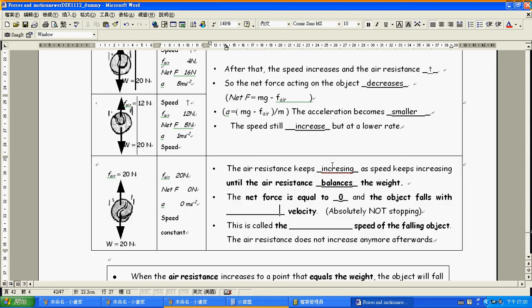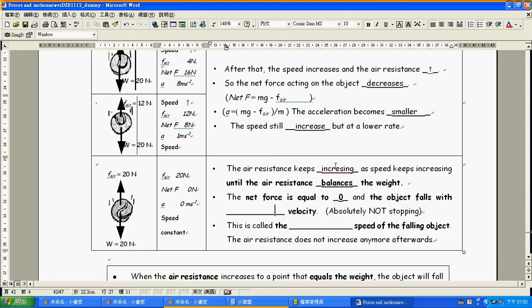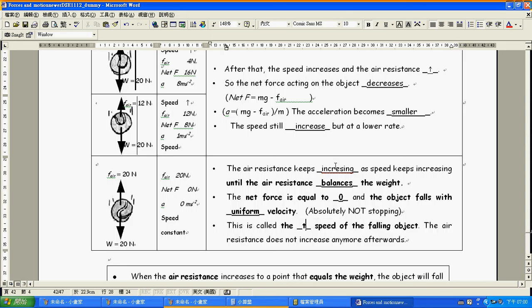And the object falls with uniform velocity, so it won't stop, and we call this uniform velocity the terminal speed or terminal velocity of the falling object.